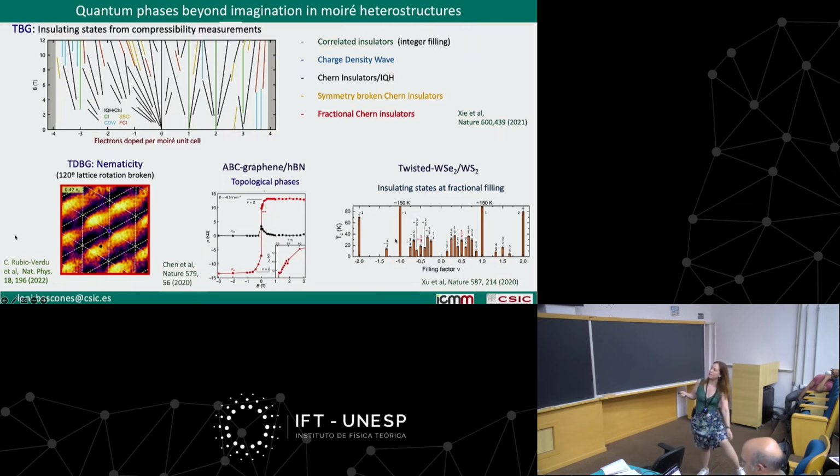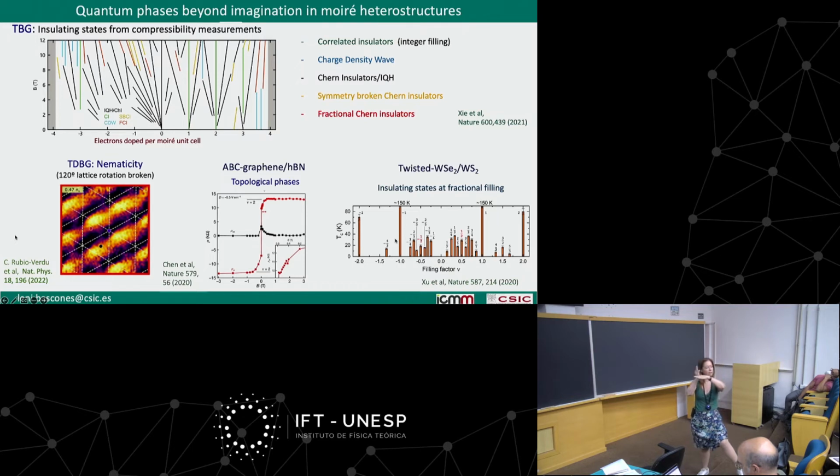In twist graphene, people have observed a lot of different kinds of phases, as I say. But you can see, for example, here some examples in other systems. Like this is twist double bilayer graphene, the one that I mentioned before. So it's bilayer, twist, bilayer. And here, for example, is a state in which the lattice rotation symmetry has been broken.